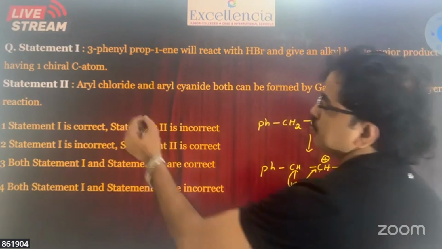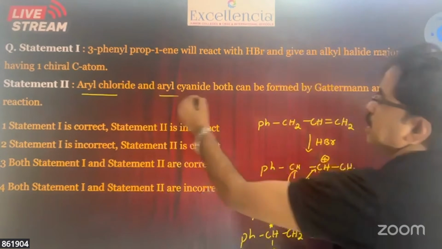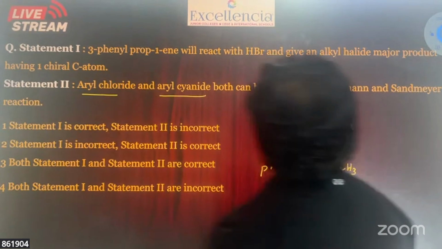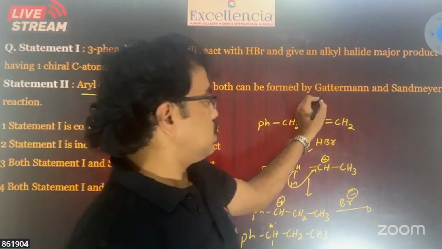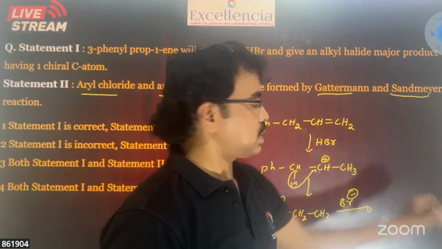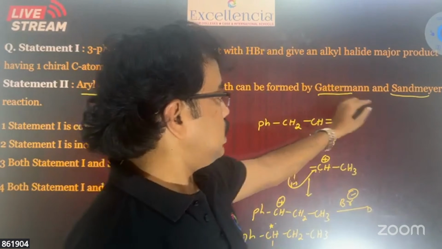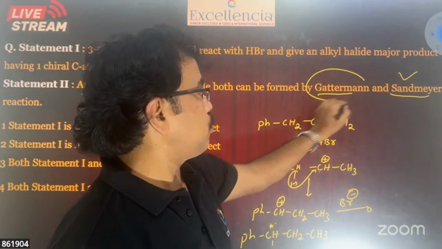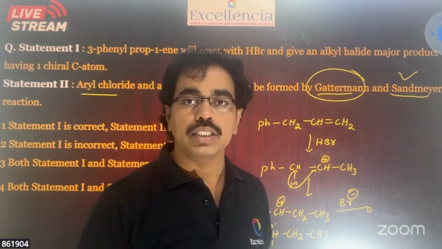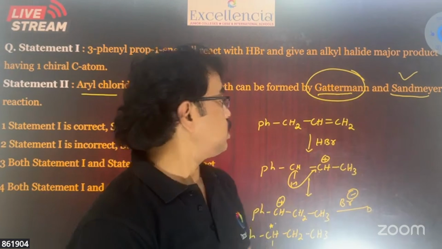The next question: aryl halides and aryl cyanides can both be formed by Gattermann and Sandmeyer reactions. This is completely from the NCERT text lines. From the Sandmeyer reaction we can prepare both aryl halides and aryl cyanides. But from the Gattermann reaction we can prepare only aryl halides, not cyanobenzene, that is, cyanides.